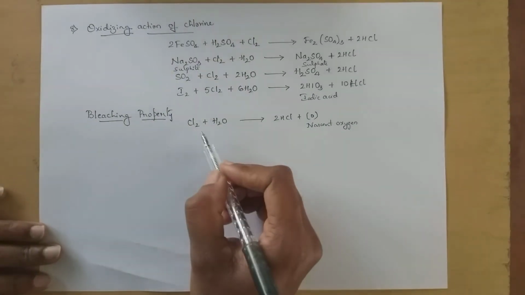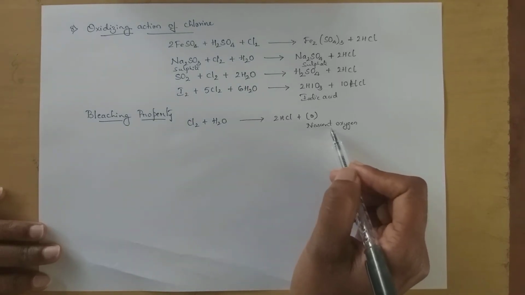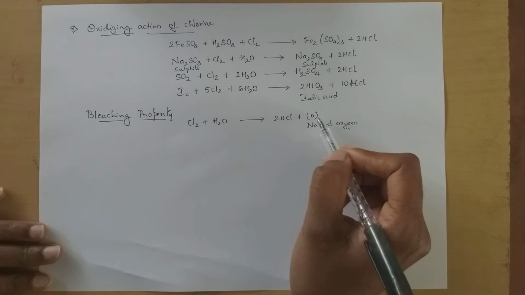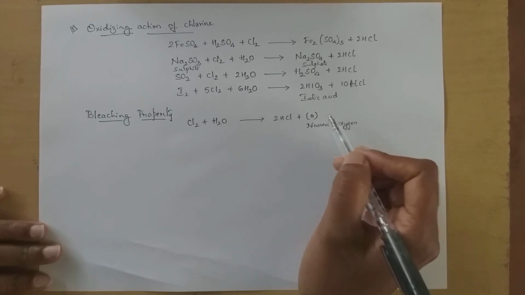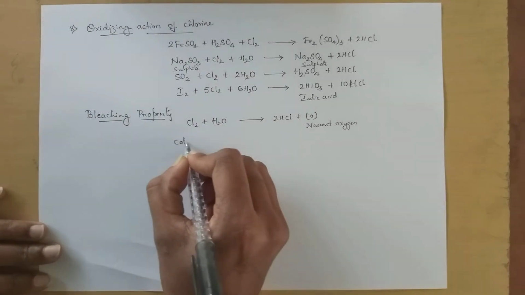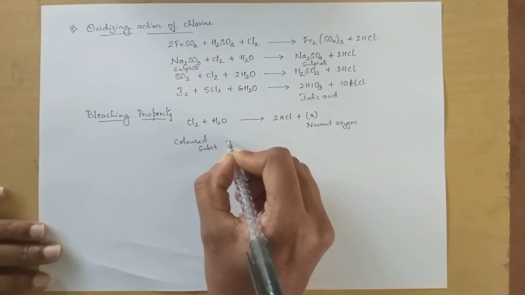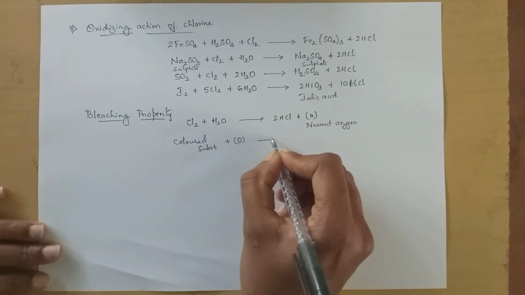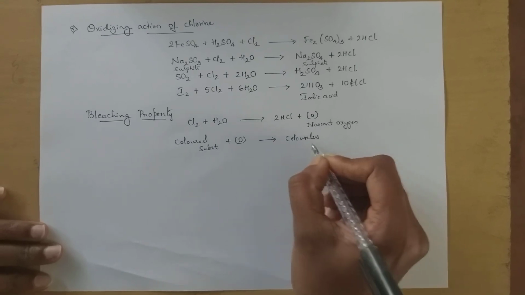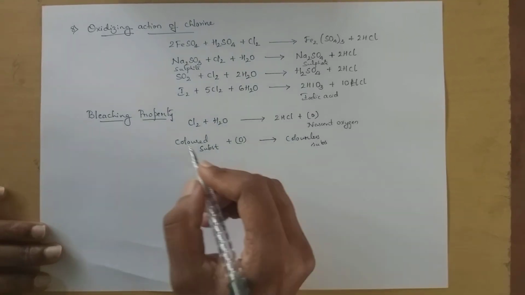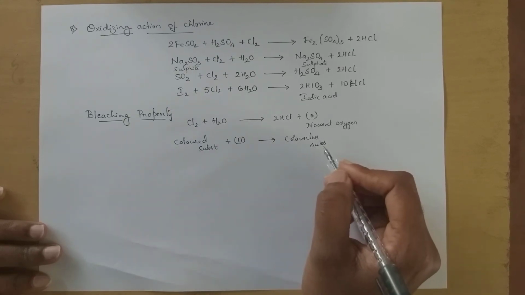So when chlorine combines with water, it will give rise to nascent oxygen, which is responsible for the oxidizing action and bleaching action of chlorine. Here the colored substance reacts with nascent oxygen, it gives a colorless substance. So when a colored substance reacts with nascent oxygen, we get a colorless substance.